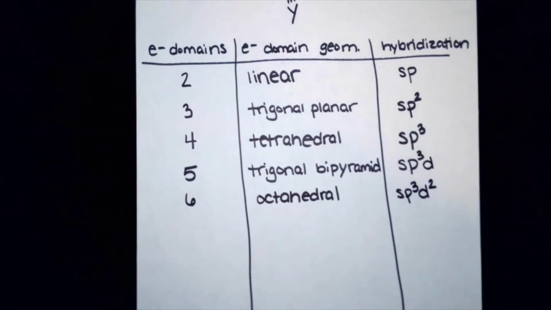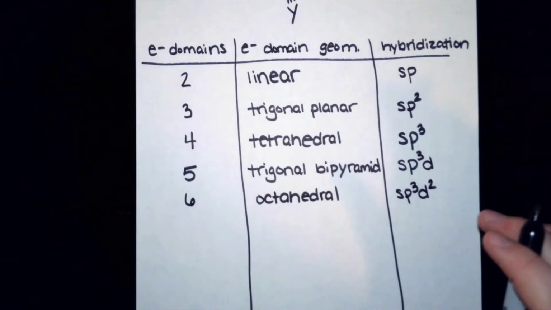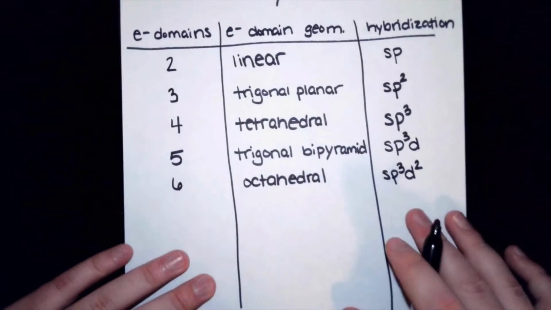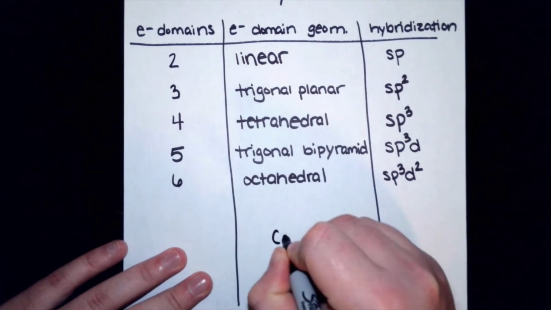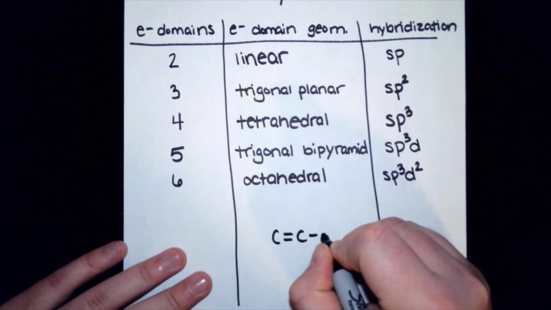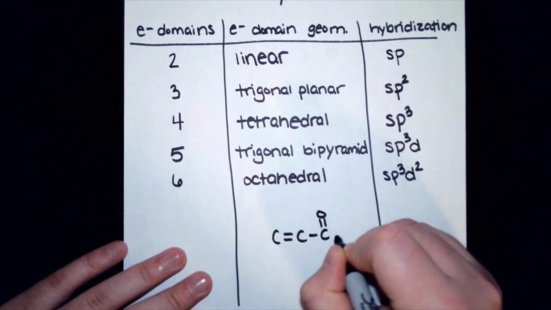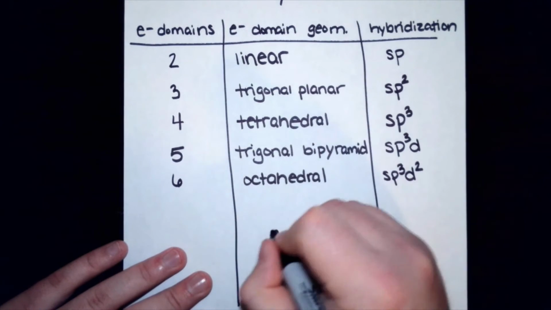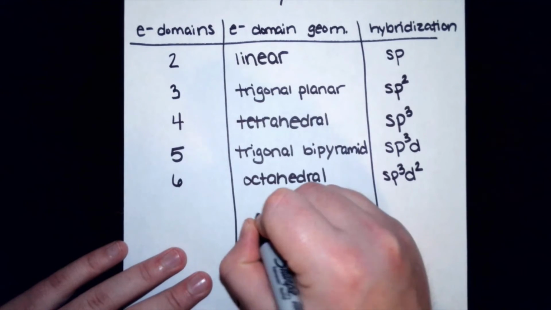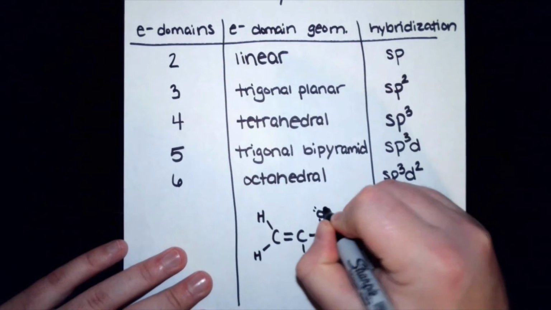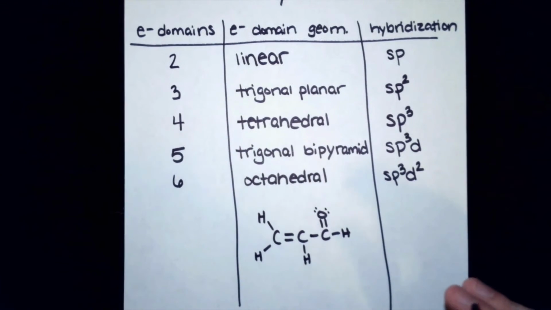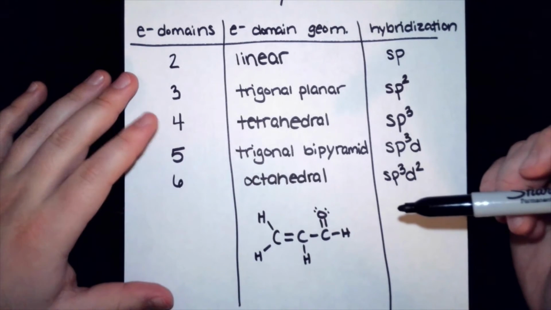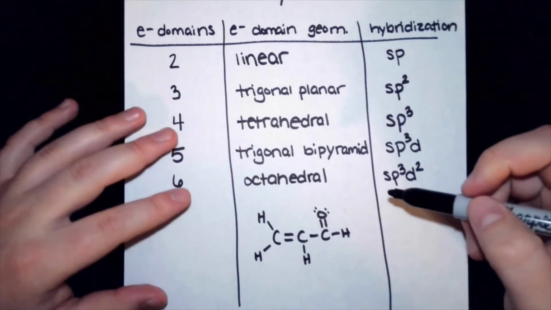So let's look at an example and actually use the same molecule that I used in the last video. In the last video, I gave you this, and the oxygen would actually have 2 lone pairs. Remember, any atom that has at least 2 domains, we can look at for the hybridization.